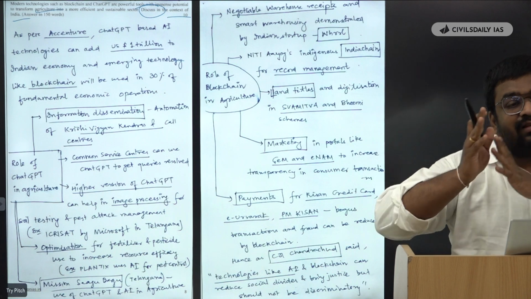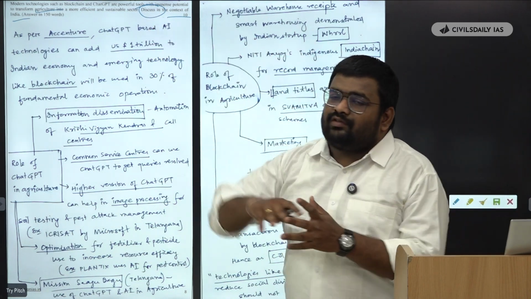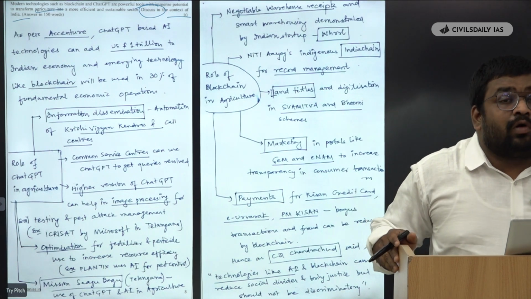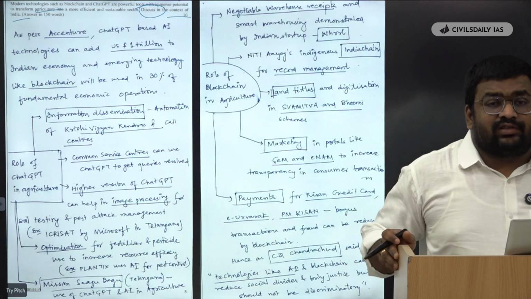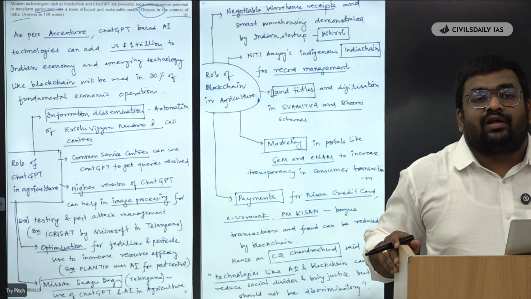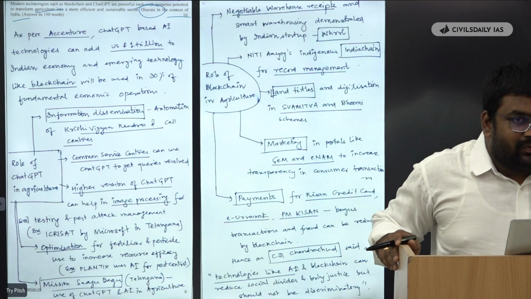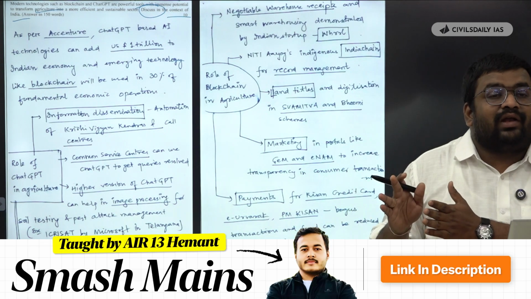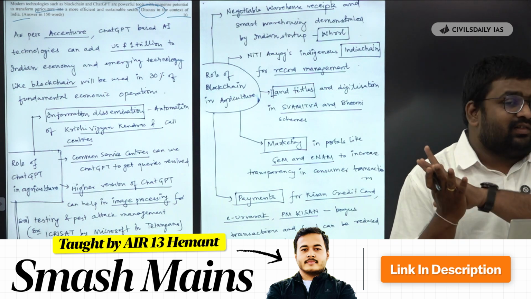Okay? The bidirectional question would have been: the modern technologies like blockchain and ChatGPT have immense potential to transform agriculture, but there are structural challenges to incorporate these technologies. This then becomes bidirectional, where they are asking the significance as well as the challenges in it, right?